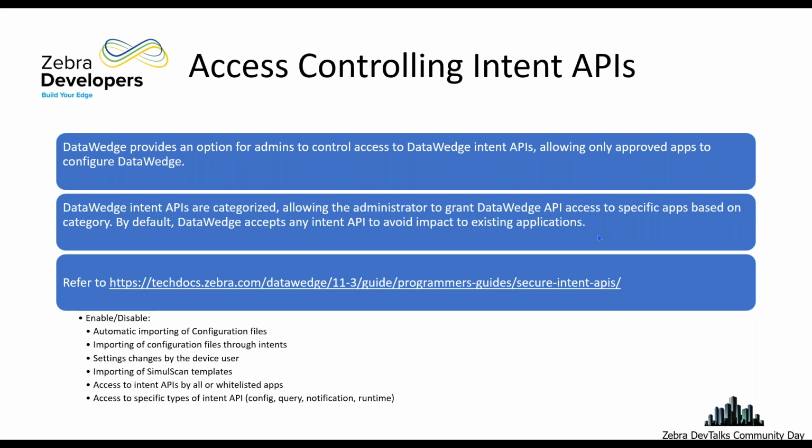Then these applications need to use a special interface provided by MX, where you have to acquire a token for your application. Once you acquire a token, when you send an intent, you have to send that token as well.